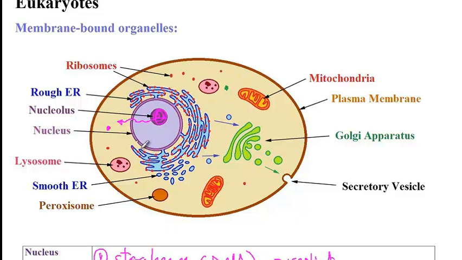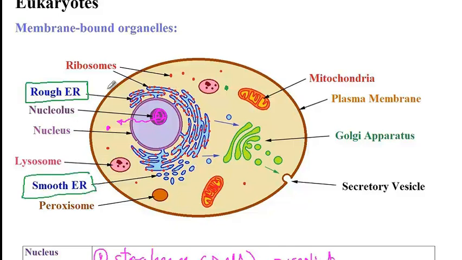So here you can see all these membrane structures that have the red dots, which are ribosomes attached to it. So an endoplasmic reticulum that has ribosomes attached is called rough endoplasmic reticulum, versus the ones that don't have them are called smooth endoplasmic reticulum.